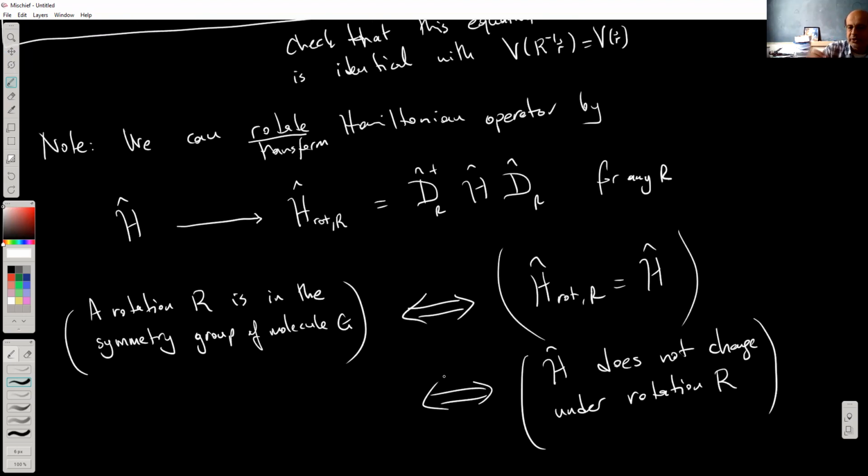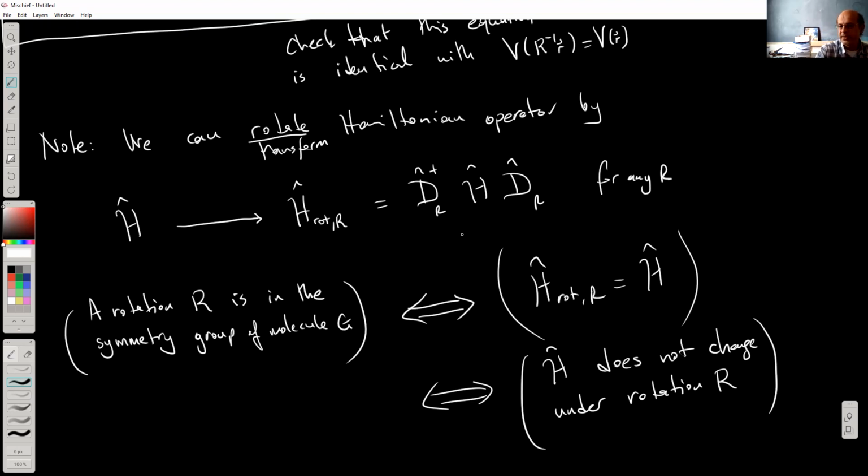There are other kinds of symmetric transformations, for example charge conjugation, where you basically change the sign of the charge for every particle, right? This is one of the fundamental symmetry operations that particle physicists use. There's also a gauge transformation, for example. In each case, we can transform the Hamiltonian by some kind of similarity transformation like that.